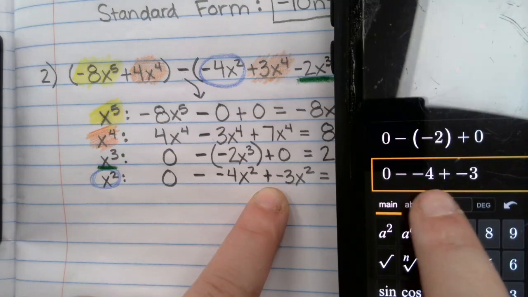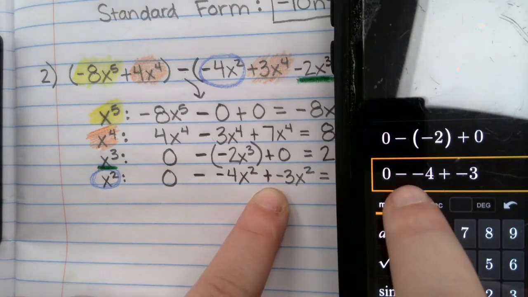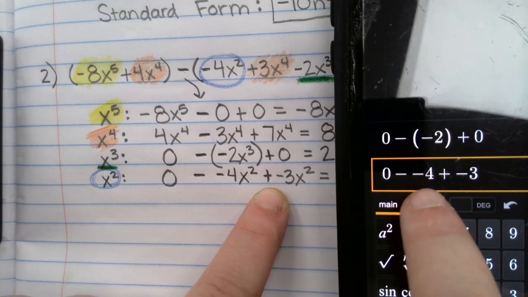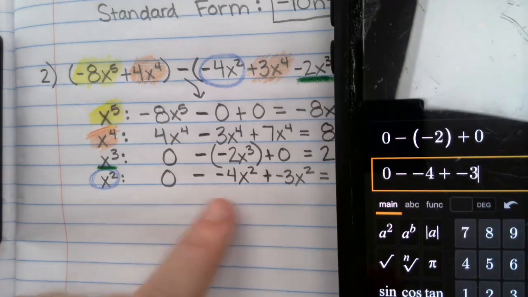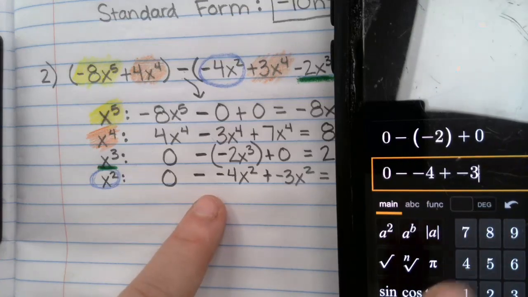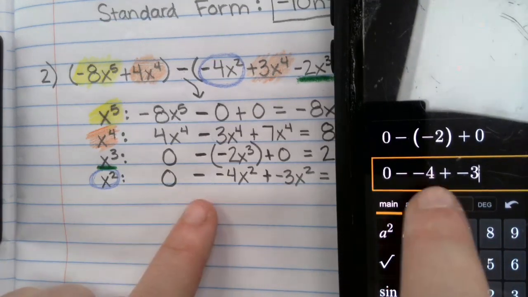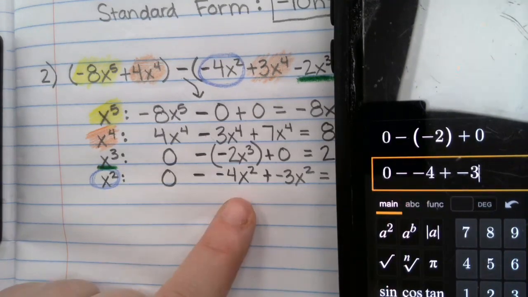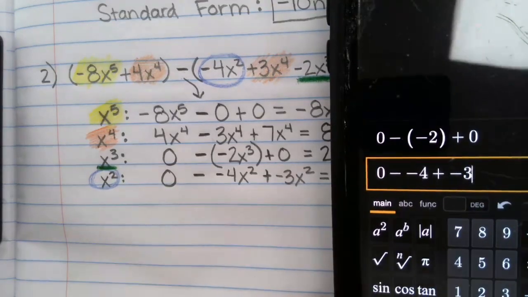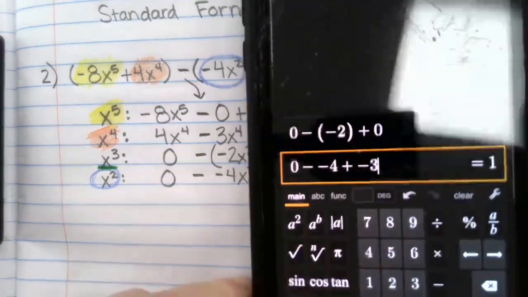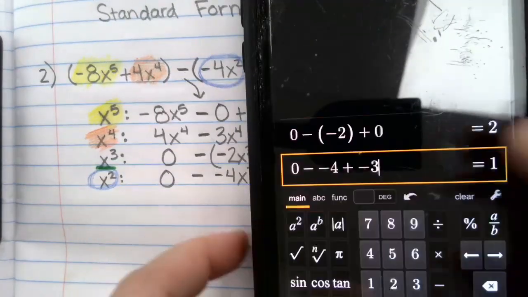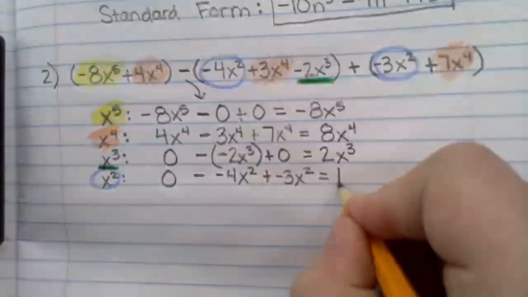The reason I really like Desmos is I can double check that I did that minus negative correctly. If you just use your phone calculator, it gets rid of it and it's hard to see, did it do the minus negative or did it just have one minus? Here I can see, nope, it did minus negative. And we end up with 1. Nice job. So 1x squared.